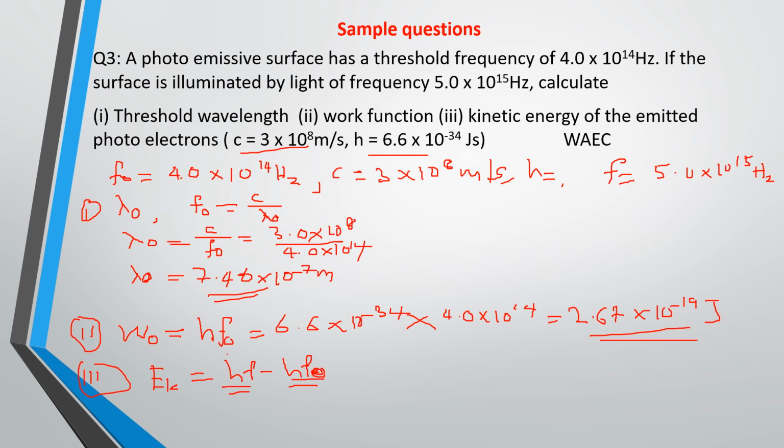You substitute into this equation: h is 6.6 times 10 raised to power minus 34, multiplied by frequency, which is 5.0 times 10 raised to power 15 as given to you, minus the work function, which is minus 2.67 times 10 raised to power minus 19.